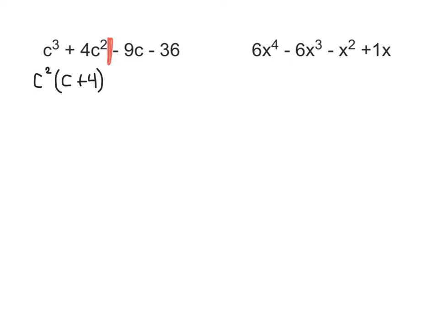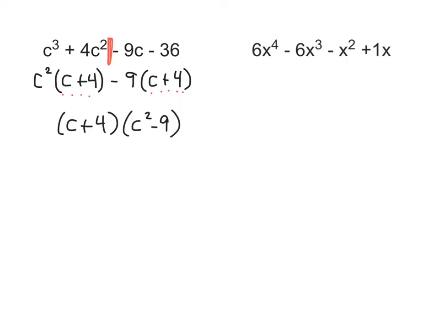And on the right-hand side, we can factor out a negative 9, and we're left with c plus 4. The c plus 4 matches in our parentheses, so we're going to go ahead and write our parentheses down, c plus 4. And if we factored that out of here and here, we're left with c squared minus 9.